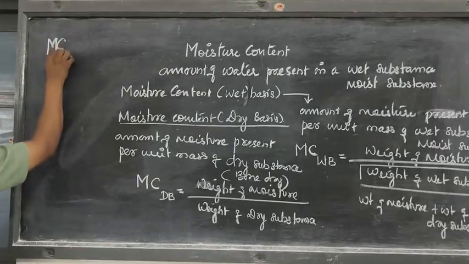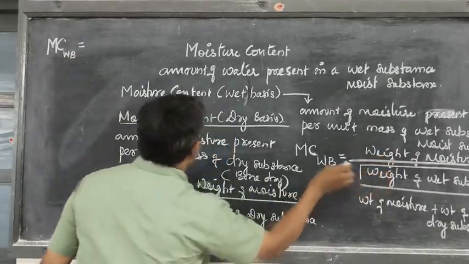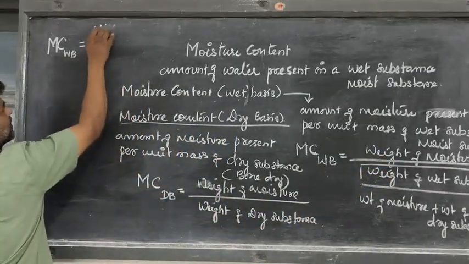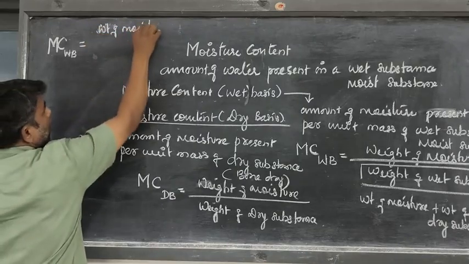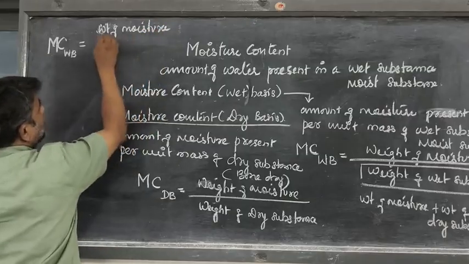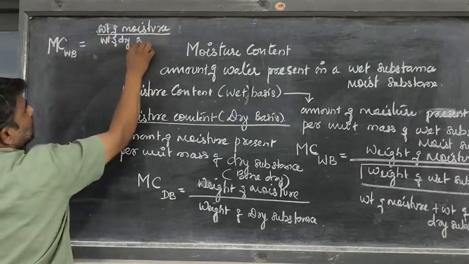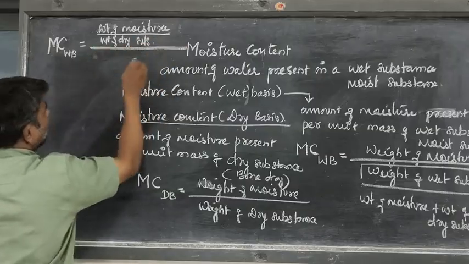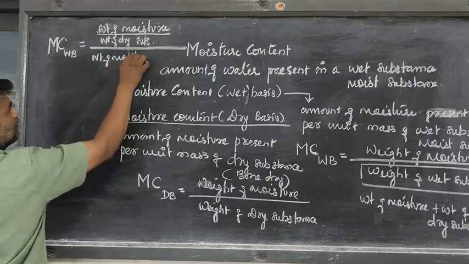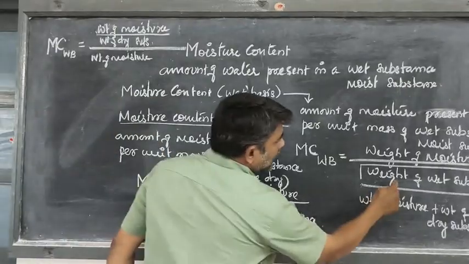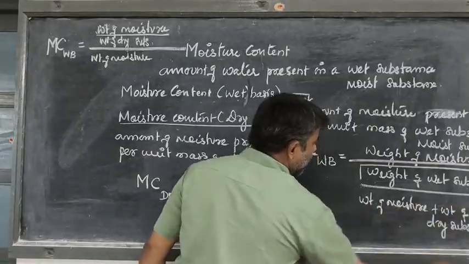Moisture content on wet basis is equal to weight of moisture divided by weight of dry substance, whole divided by weight of moisture. Instead of weight of wet substance, I am going to write weight of moisture plus weight of dry substance.